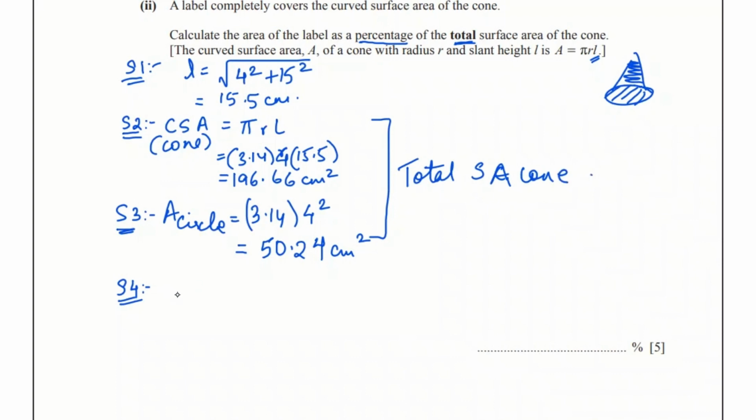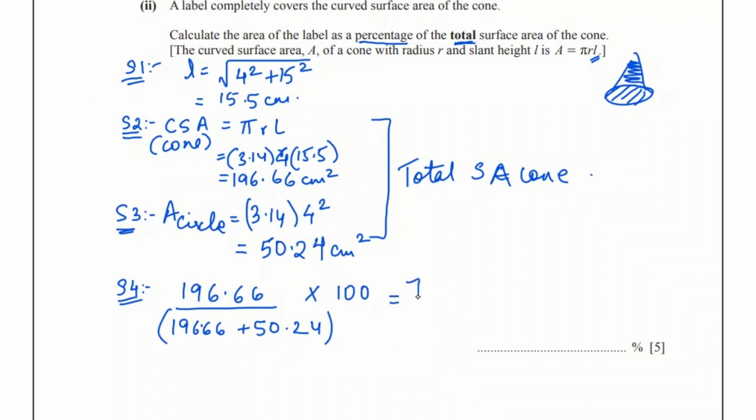So total label, so it's going to be 196.66 upon 196 plus 50 plus 24, multiplied by 100 because it's percentage. So after all the calculations we get 79.5%.